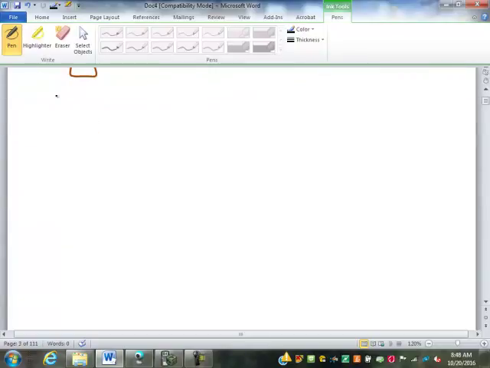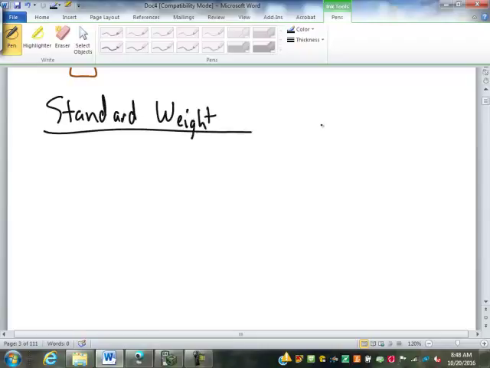So in the standard system, we typically do look at weight. And let's start out with a large weight. If we want to measure something really big, we look at a ton. How big is a ton? 2,000 pounds is what we typically think of as a ton.